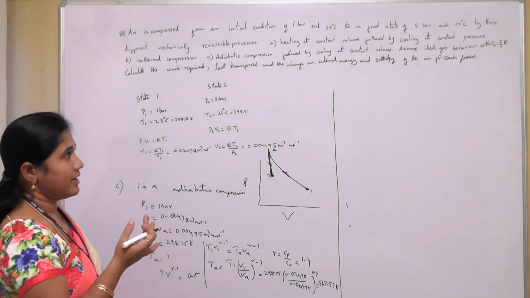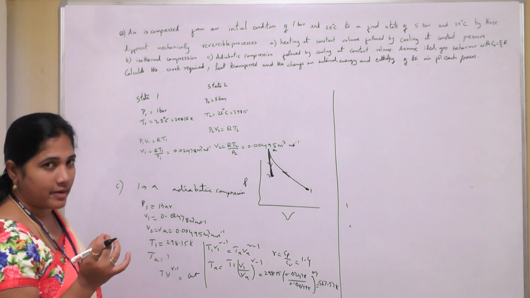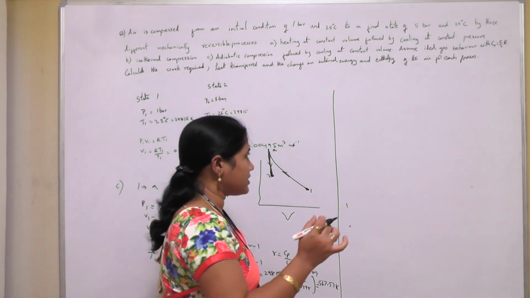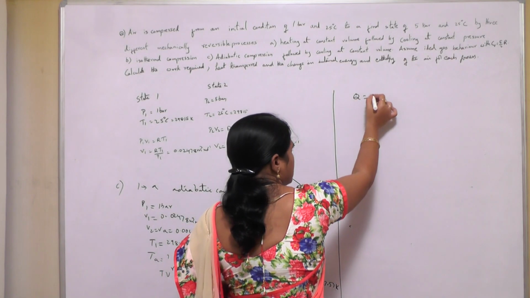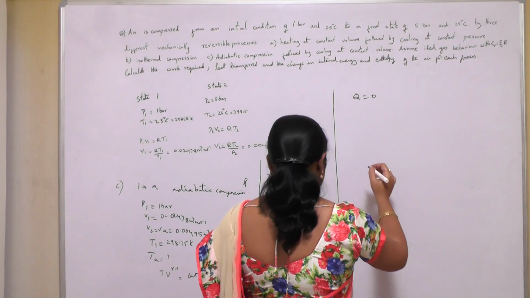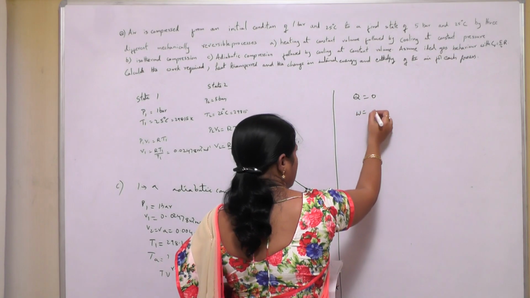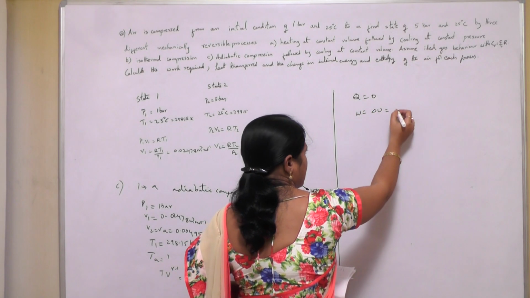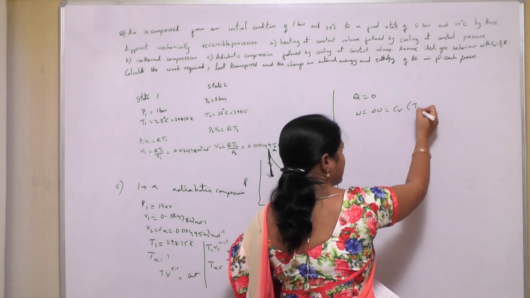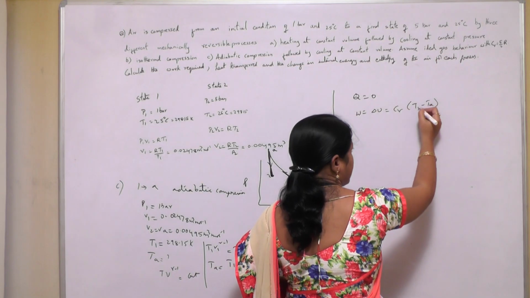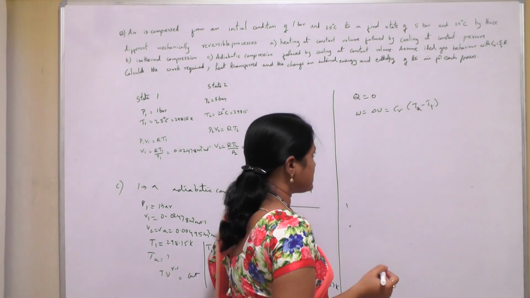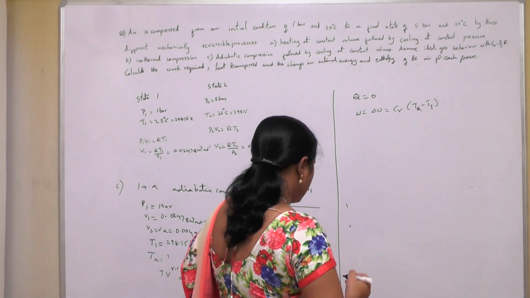Adiabatic process means there is no heat transfer between the system and the surroundings. Therefore Q equals 0 and W equals delta U for the adiabatic process, which is Cv delta T, that is Cv (TA minus T1).